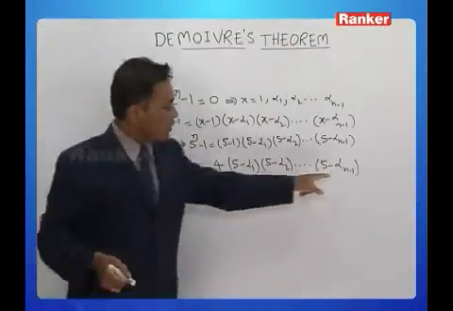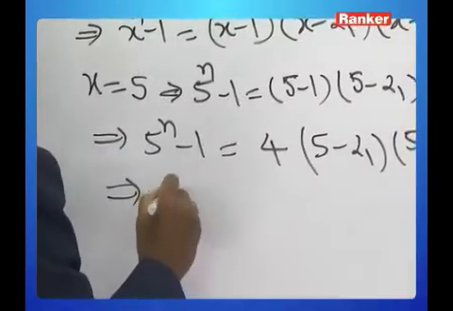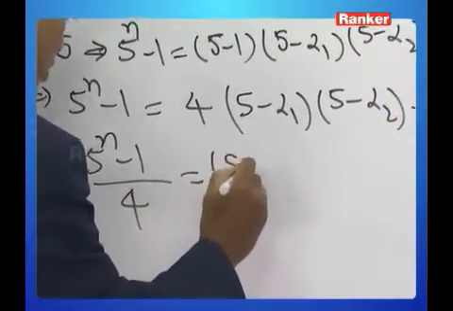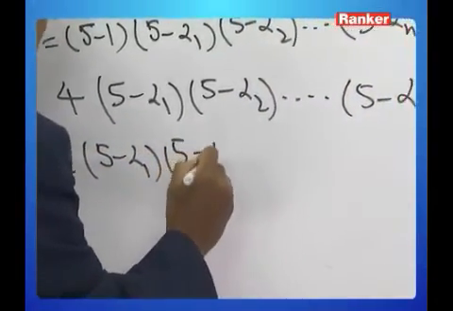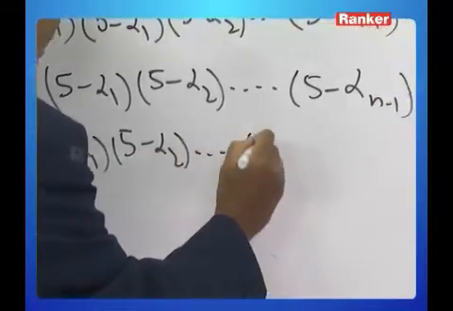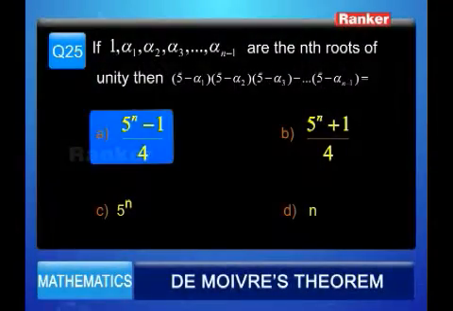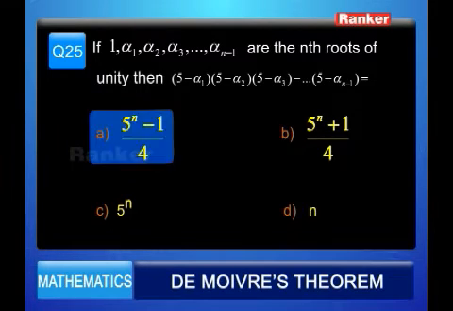We want only this value, so take 4 to the other side. Dividing by 4 on both sides, 5 to the power of n minus 1 by 4 will give you 5 minus alpha 1 into 5 minus alpha 2 into so on up to 5 minus alpha n minus 1. So, our answer is 5 to the power of n minus 1 by 4. So, the right option is the first option A. This is the right answer, this is the right option.